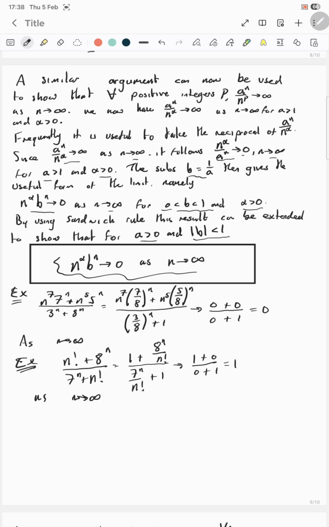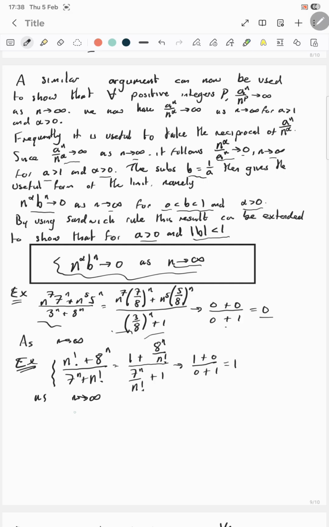Now as an example here, dividing this through by 8, the top and bottom, we'll get this here. So as n keeps expanding to infinity, we get 0 plus 0 over 0 plus 1, which equals 0 as n goes to infinity.